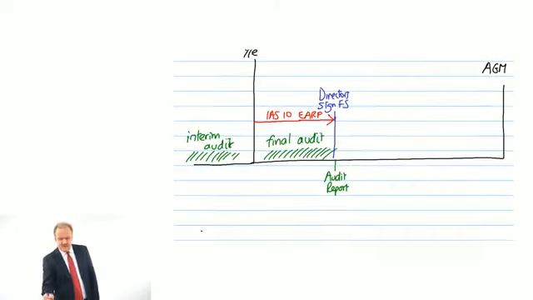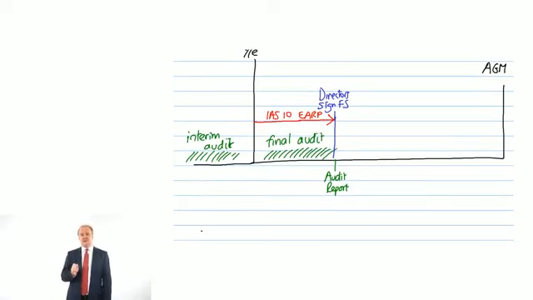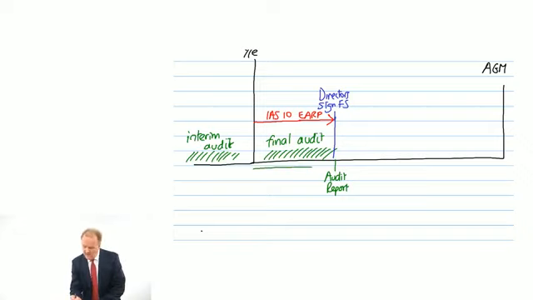Well, if those events can be happening at any time after the year end whilst the final audit is going on, as auditors, we have got all the way up until we sign our report what is called an active duty to audit.